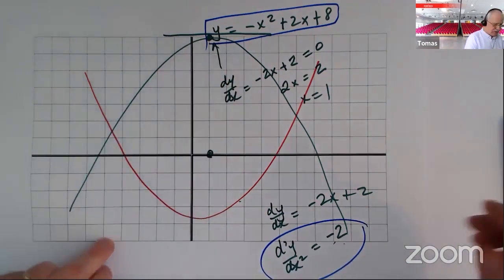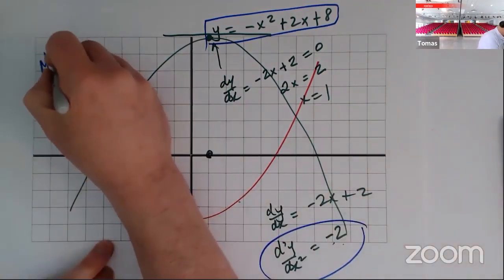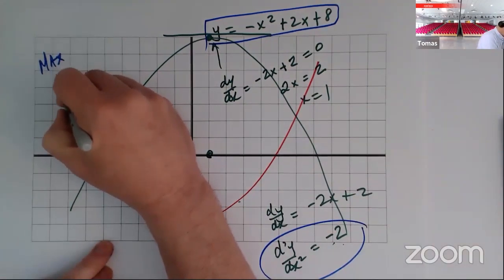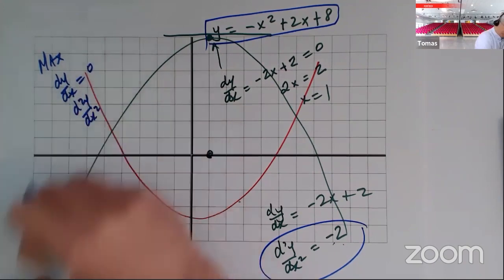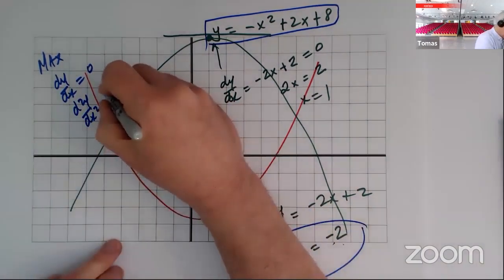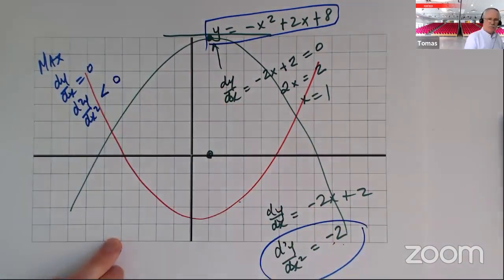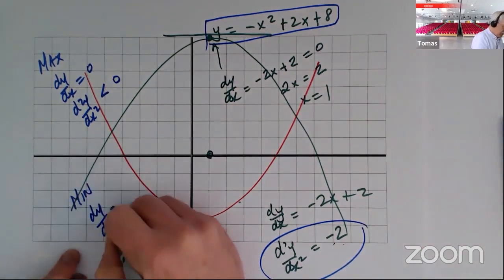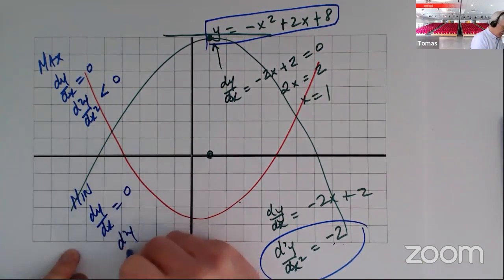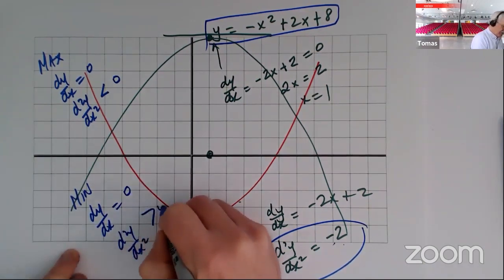So max, we'll write that out: dy/dx equal to 0, d2y/dx squared negative. And a min: dy/dx equal to 0 and d2y/dx squared greater than 0.